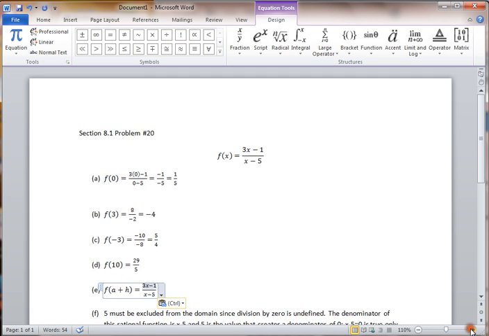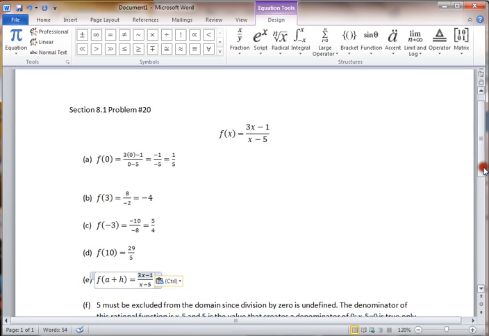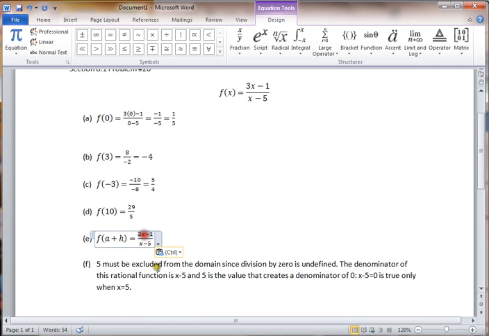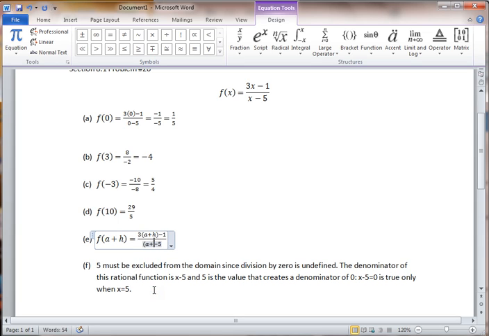And then just go through and replace each of the x's. Let me make this a little bit bigger. Replace each of the x's with the value that you're plugging in for it, which is this expression a plus h. And down here, replace the x also with the value a plus h.